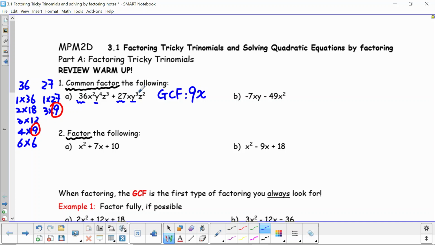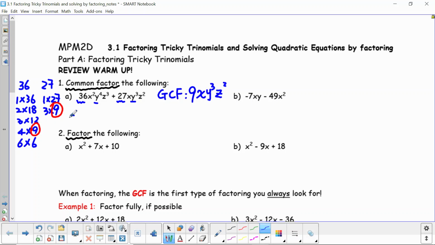The lowest degree is 3, so y to the exponent 3. Then for z cubed, z squared, so 3 and 2, the lowest one is 2. So the greatest common factor uses the lowest degree for the same variable, so it will be z squared.